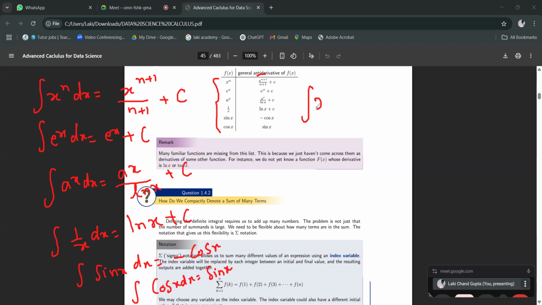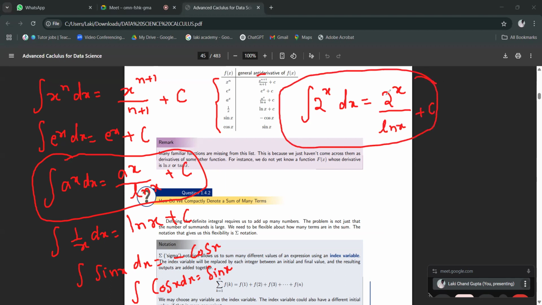If I ask you what is the integration of 2 raised to x, which formula will you use? This one. Here a is what? 2. This is your formula. Now 2 raised to minus x, how can you simplify this?